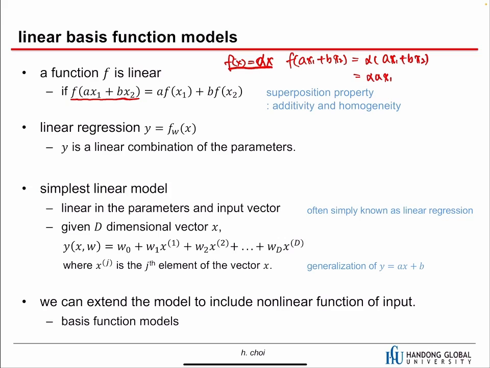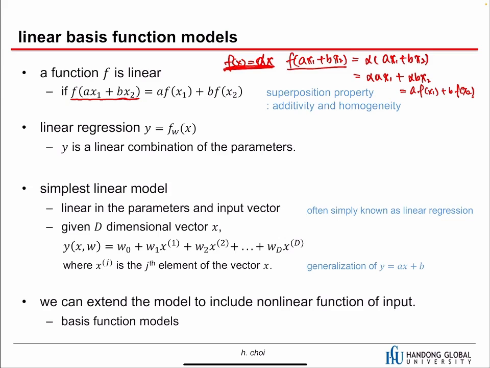This one is alpha ax1 plus alpha bx2, which is a f of x1 plus b f of x2. Okay, so when f of x is this simple linear equation, then it satisfies this superposition property, which means we just proved that this function is linear.